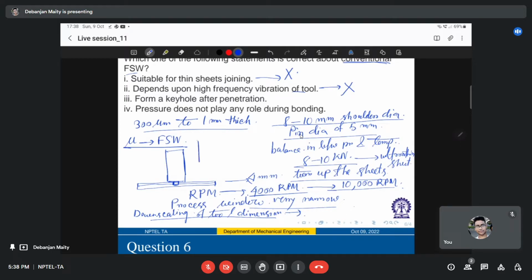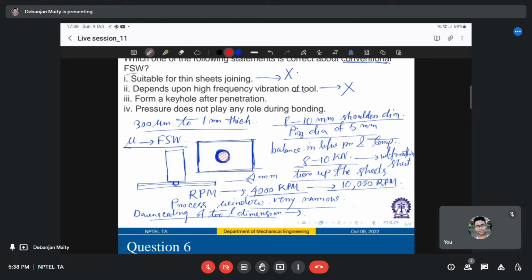If you have seen some welding and you look at the top view, you will see a keyhole form over there, because you are penetrating the tool pin and then retracting the tool after the processing.